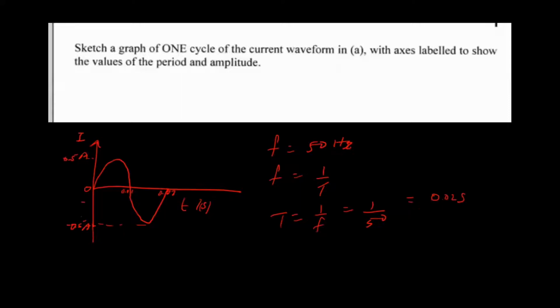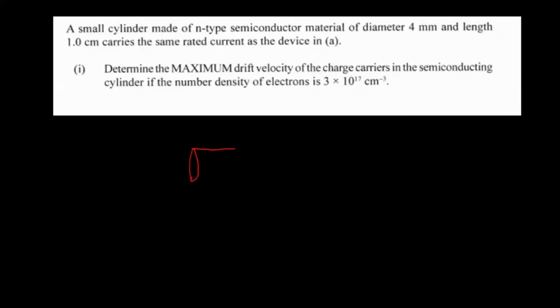That's the max current, which you're seeing on the graph as well. So what they want you to do is to determine the maximum drift velocity of the charge carriers in the semiconducting cylinder if the charge density was given as such.